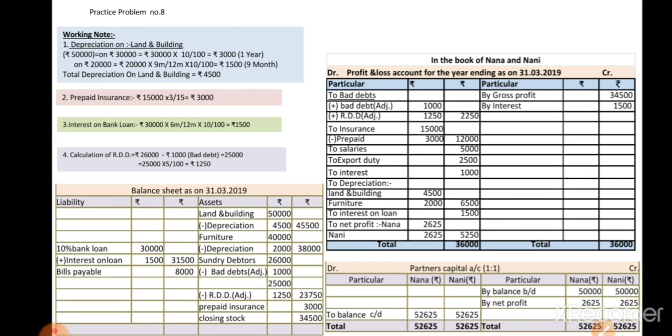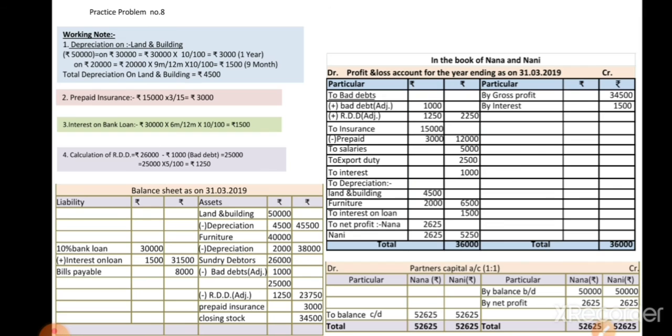Here also there is no item to be recorded in the debit side of the partners capital account. So of course the credit side is more. The total of the credit side is 52,625. That is the closing balance of Nani's capital account. So we record in the debit side by balance carried down, Nani's column 52,625, and then we take the total of the capital account.